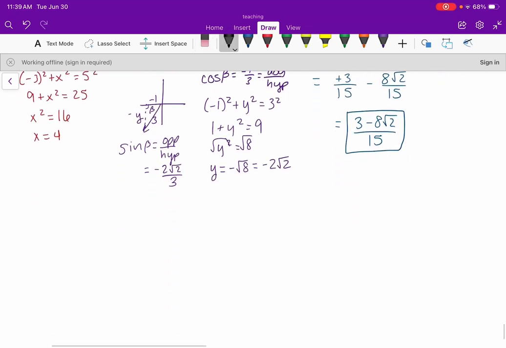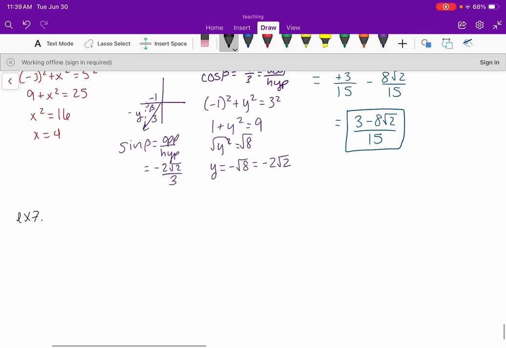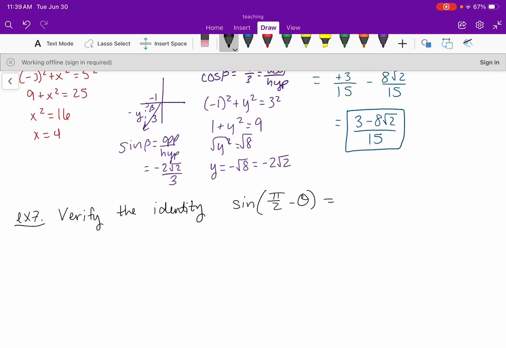I just have one more example for this section, and this one is a verifying problem. So it says verify the identity. And this one is sine pi over 2 minus theta is equal to cosine of theta.